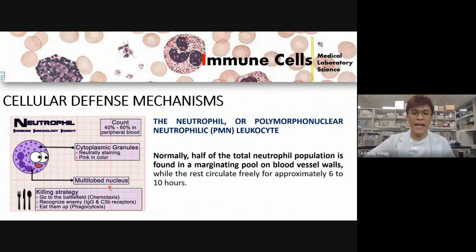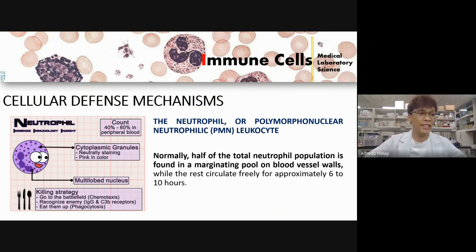And normally, half of the total neutrophil population is found, ayan, lumabas na class in my PowerPoint. Okay. So normally, half of the total population is found in a marginating pool on blood vessel walls, while the rest circulate freely for approximately 6 to 10 hours.